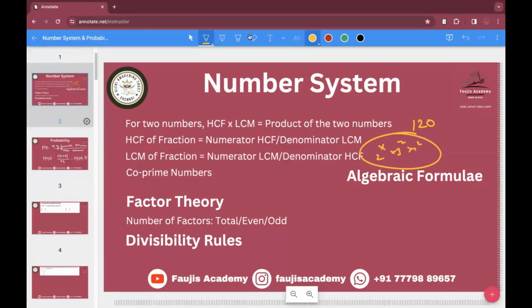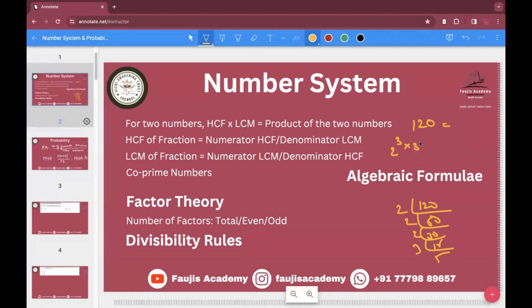How do you write it this way? If you do it the long method, it is 60, 30, 15, 3, 5. Did I make any mistake anywhere? So 120 is equal to 2 cube into 3 into 5. Any doubt?